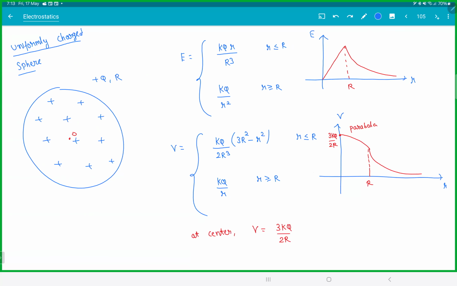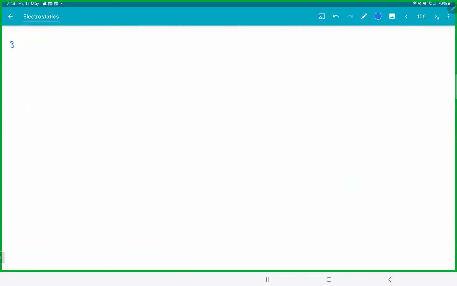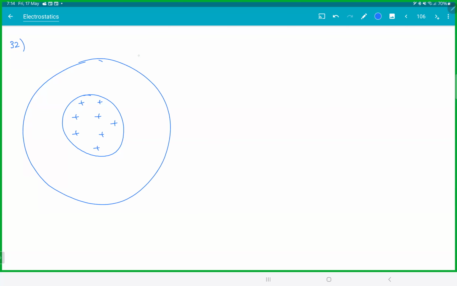Let's see a question. We have a solid sphere and we have a hollow charge shell. Let's say the charge is q and the radius is 2r.